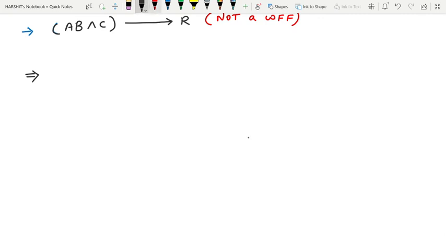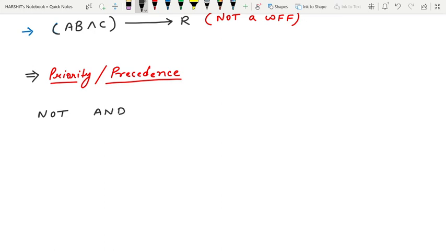So let's see the priority or precedence. Precedence of logical connective. So the first one is not, then and, then or, then if then, and if and only if.